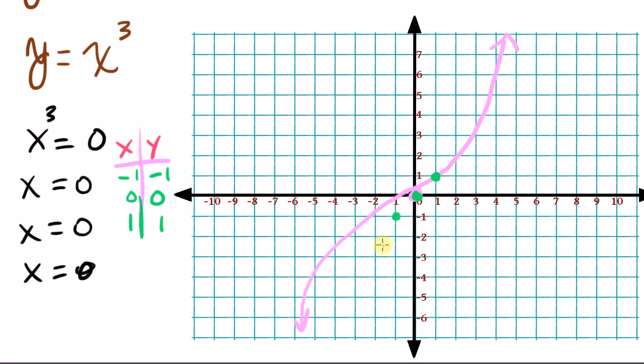Okay, so my graph is a little off. It should have gone something like this. But again, it's a sketch. I was just sketching it, and it was fairly accurate.